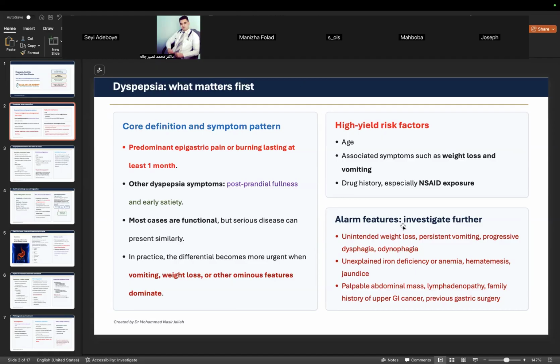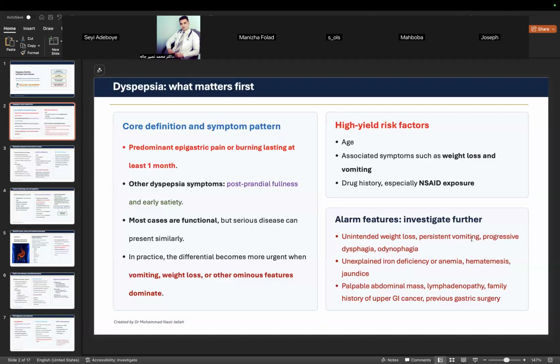Now, alarming feature investigation for that. If you have constitutional signs and symptoms, then you have to do further investigation or escalate. So it could be unintentional weight loss.